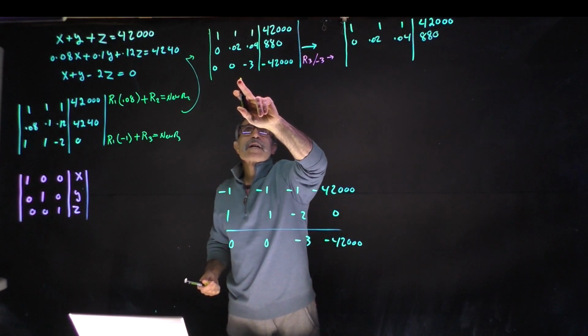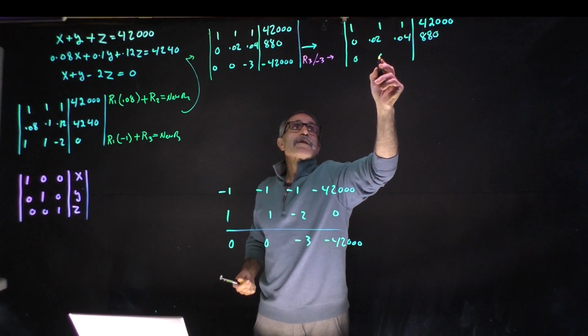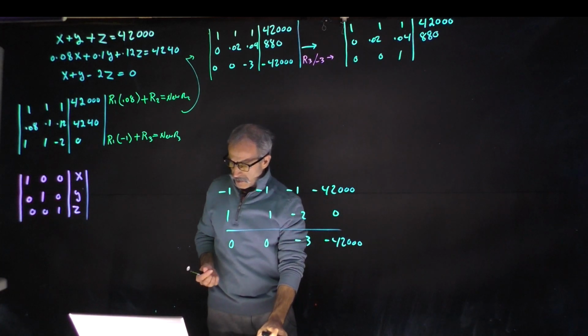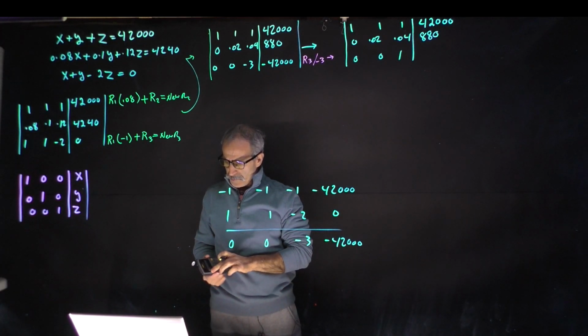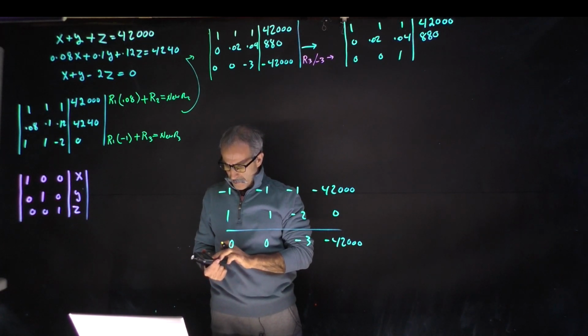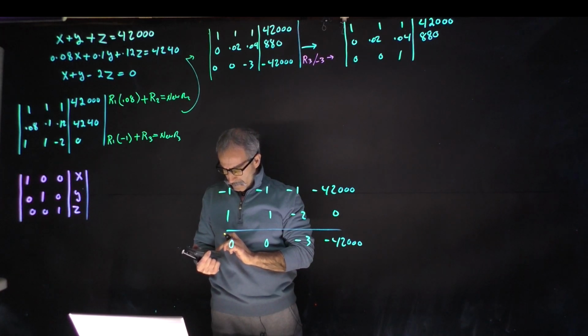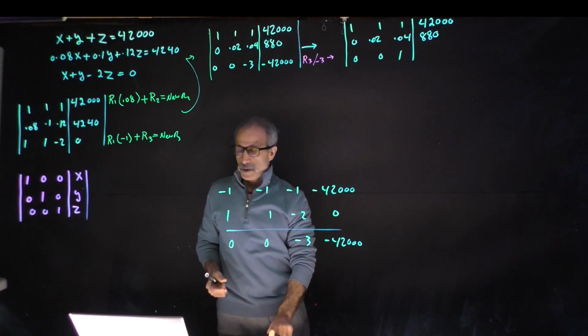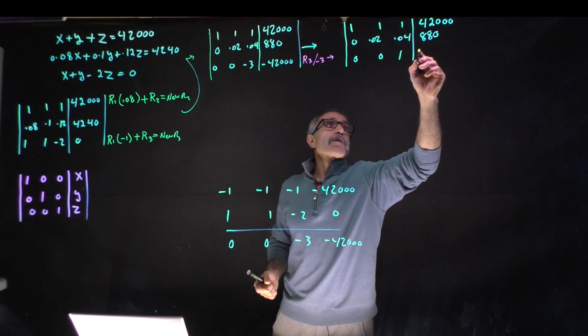Divide row 3 by -3, that becomes 0, 0, 1, and -42,000 divided by -3 comes out to 14,000. So I get 14,000 here.